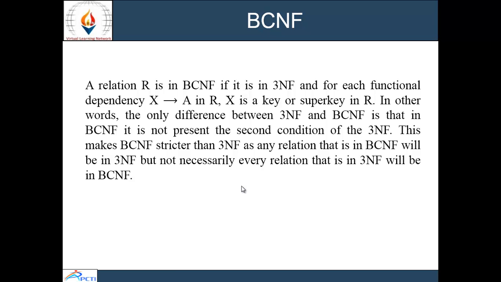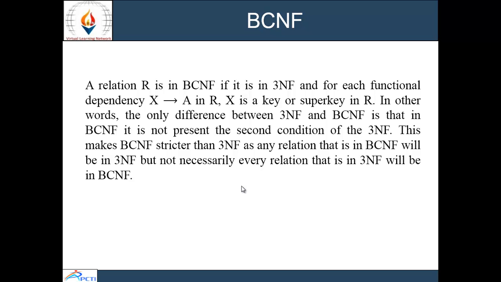For example, if there is a relation R which contains the attributes A, B, C, D, and has dependencies like B, C and D depend on A, and D depends on BC, and B depends on D, then it means it is already in third NF, and A and BC are keys of the table.